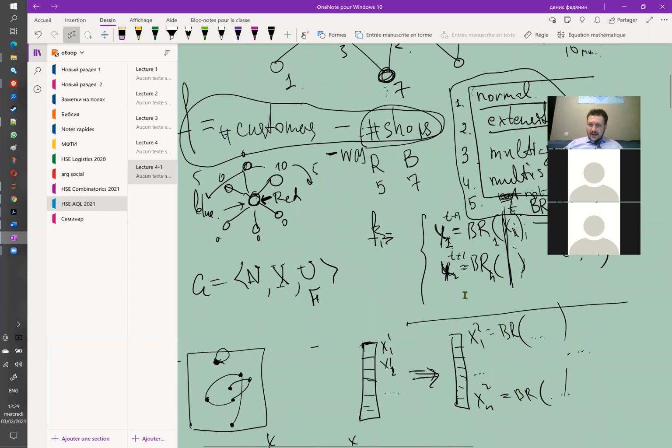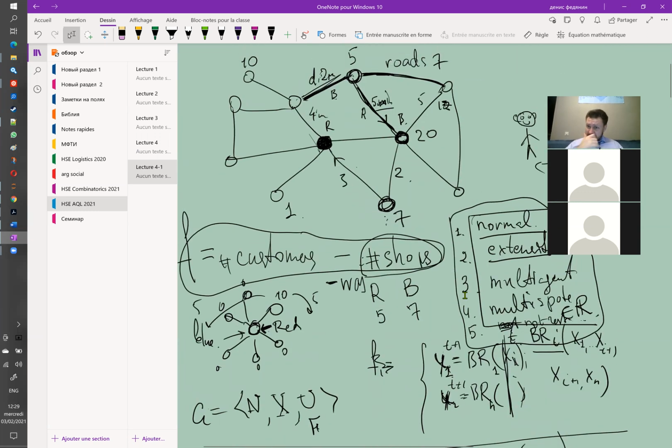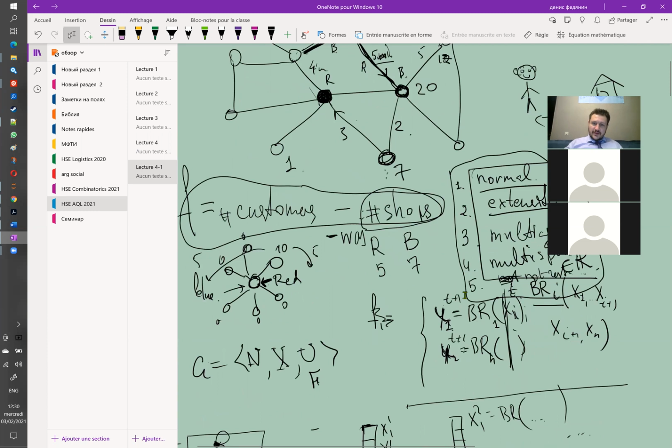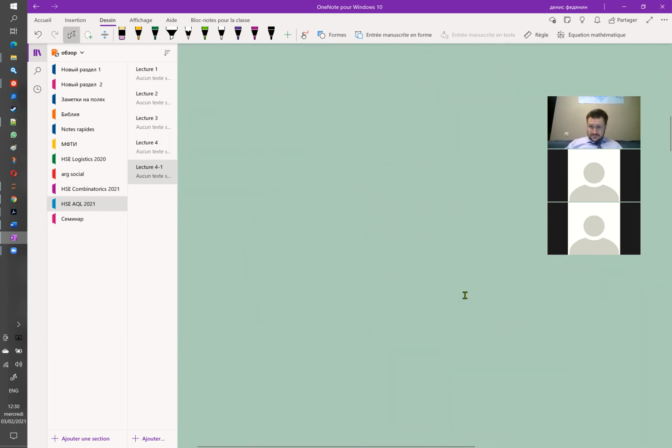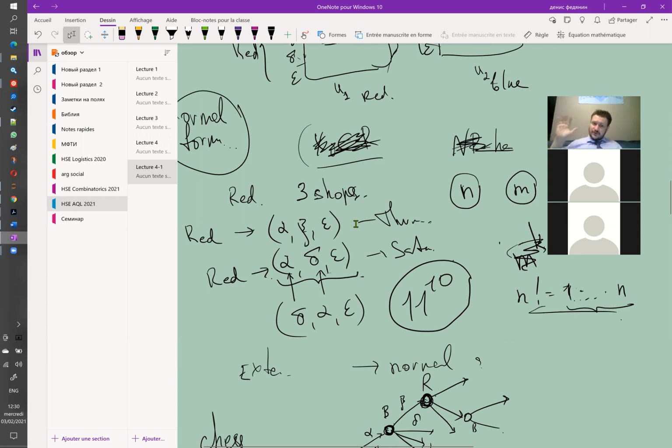And then I introduced several modifications for this: multi-agent, multi-shops, extensive form, normal form game, and so on. We have discussed some ideas of how we can do this, and then we discussed logic and strategies and so on.